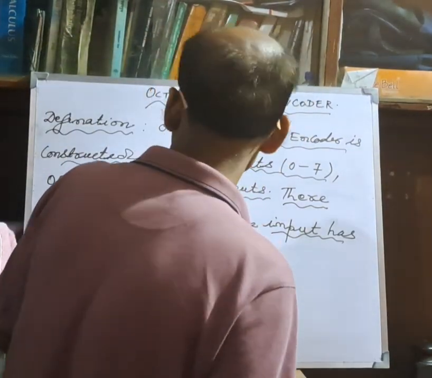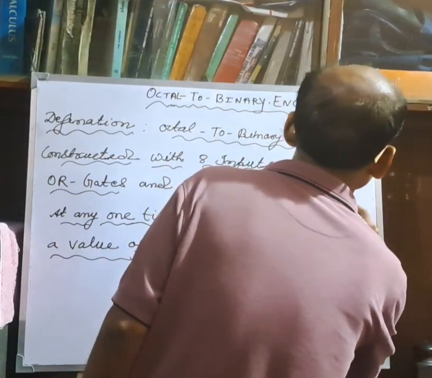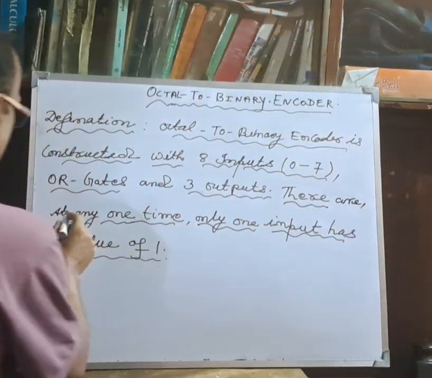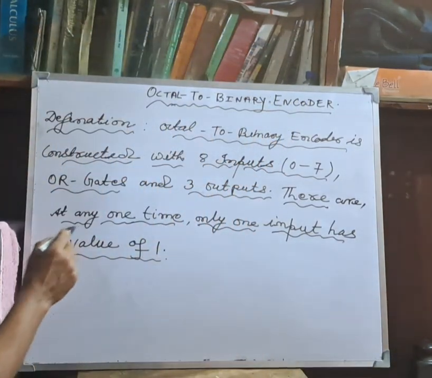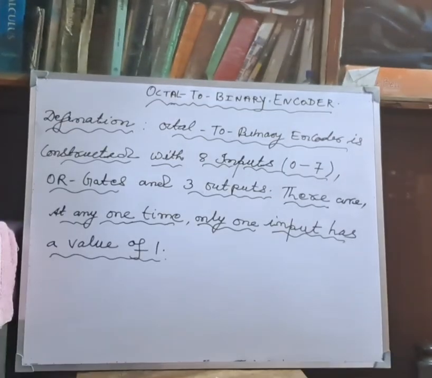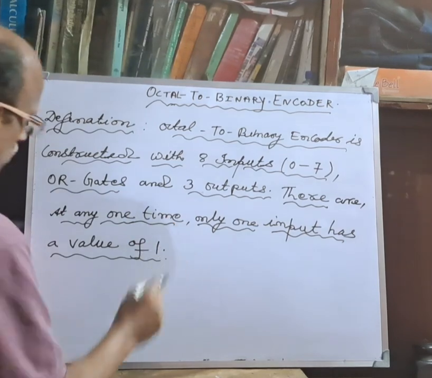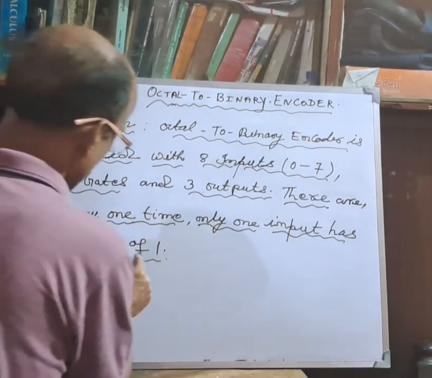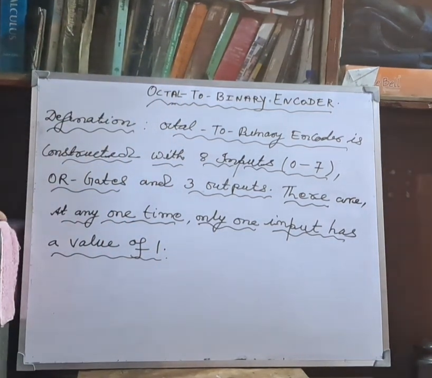There are at any one time only one input has a value of 1. So this becomes the only एक टाइम में, एक समय में सिर्फ एक इनपुट जो है, एक इनपुट का वैल्यू जो है 1 होगा. This is called octal to binary encoder.